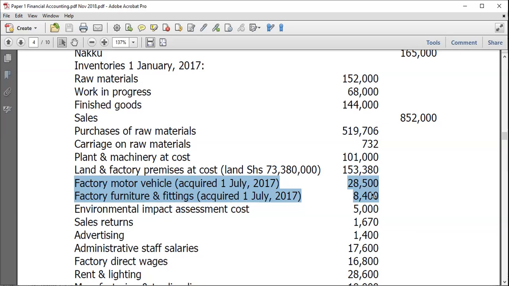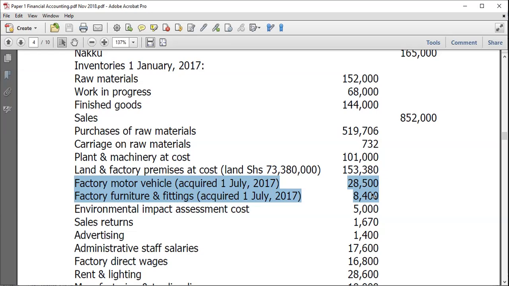This also makes me think about their depreciation, to determine if this company charges a full year's depreciation in the year of purchase and none in the year of disposal, or uses the policy of time apportionment. We have two policies that are usually adopted by organizations. One is charging a full year's depreciation in the year of purchase, and none in the year of disposal.